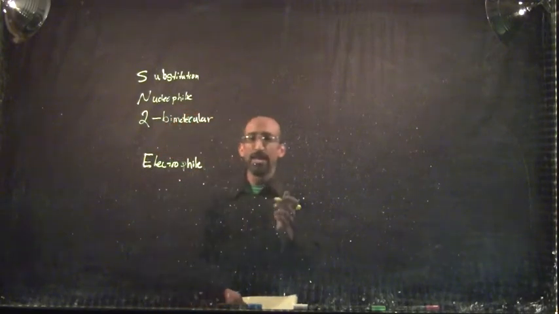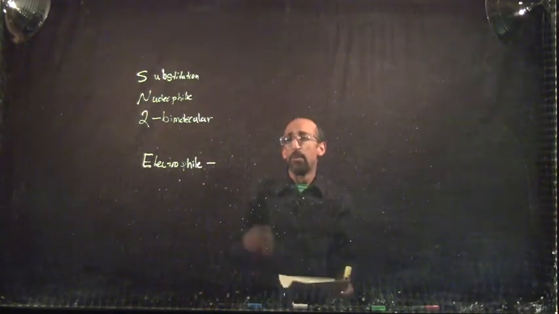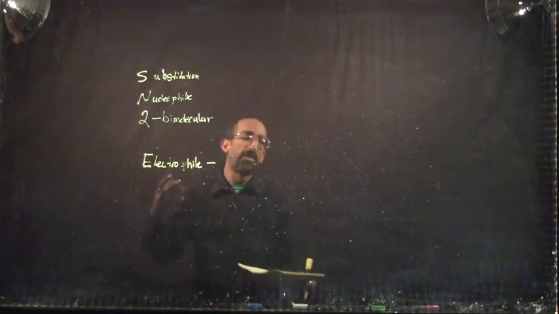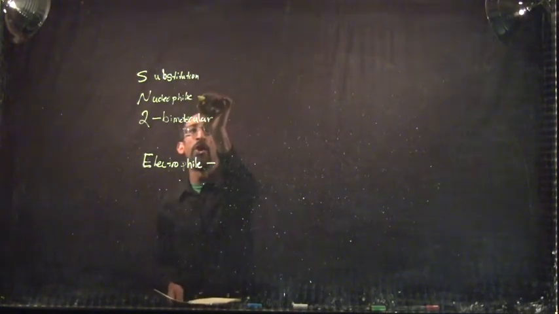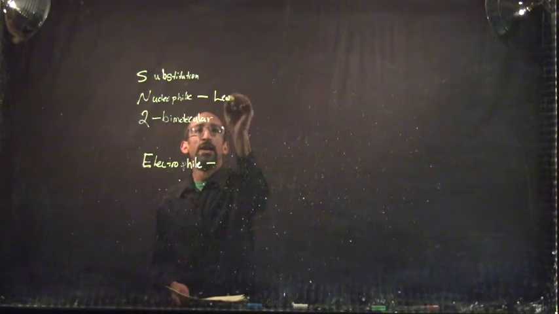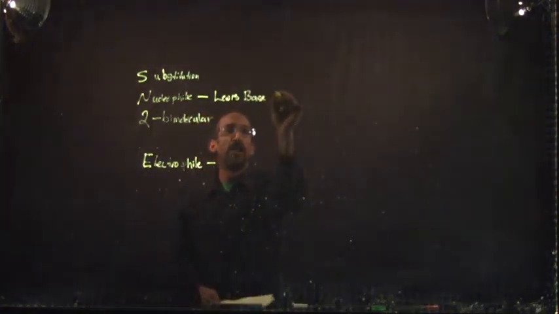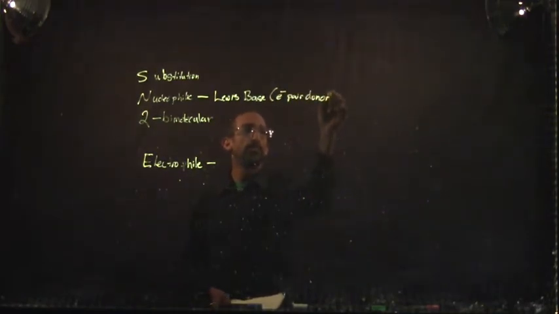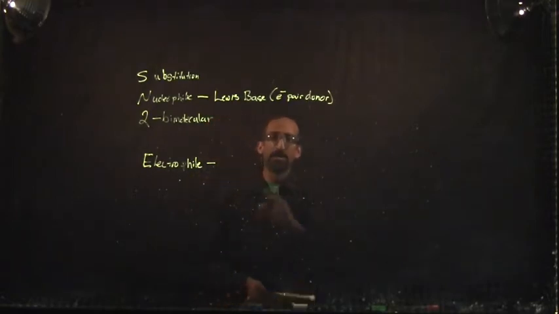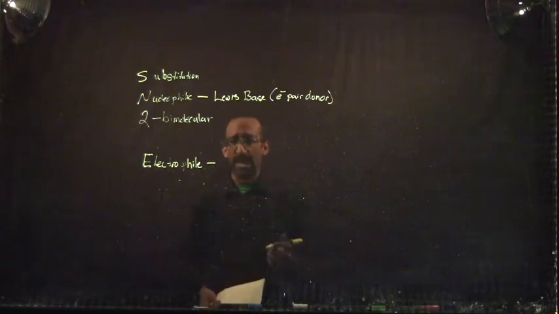Electrophile. And an electrophile literally means electron loving, but more appropriately, we would think of this as something that is seeking an electron. So our nucleophiles are always going to be a Lewis base, which means that they are an electron pair donor. And our electrophiles, while they won't always be a Lewis acid, sometimes will be an acid.